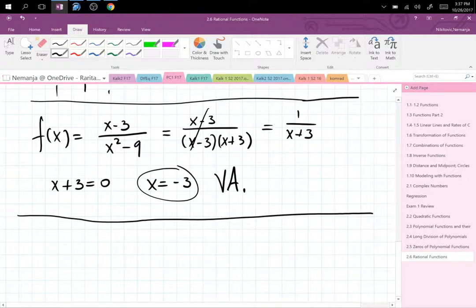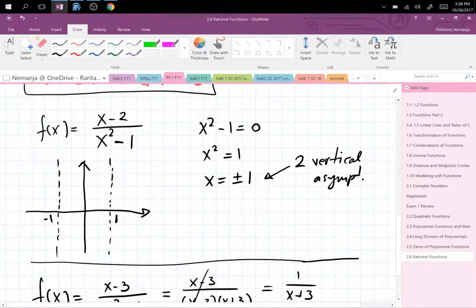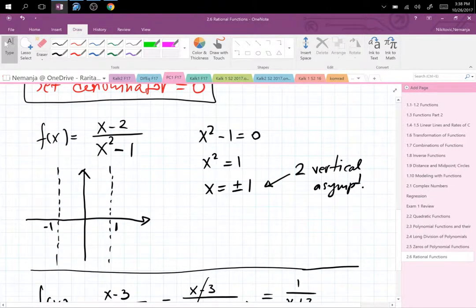So this problem, even though it looks like it has 2 asymptotes, it actually has only 1, because one of those canceled. In the previous problem, you can't cancel x minus 1, x plus 1 with x minus 2, so both of these were kept as asymptotes.